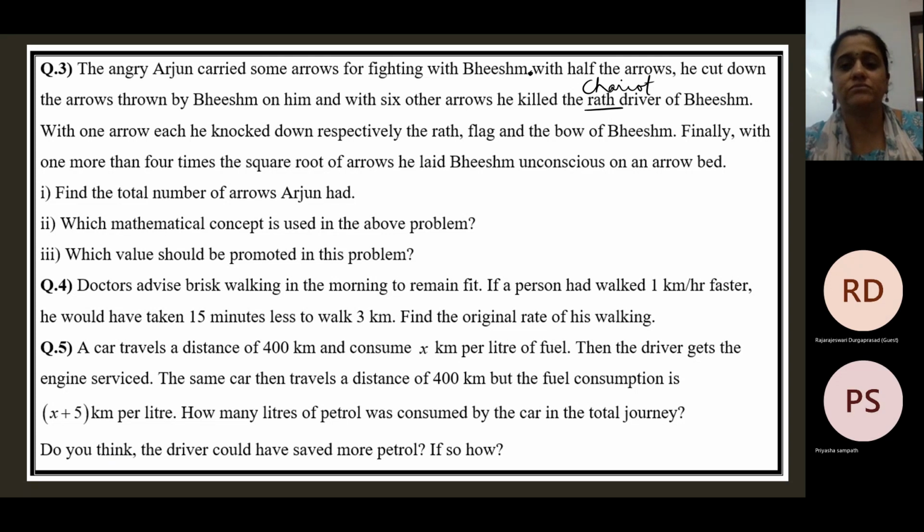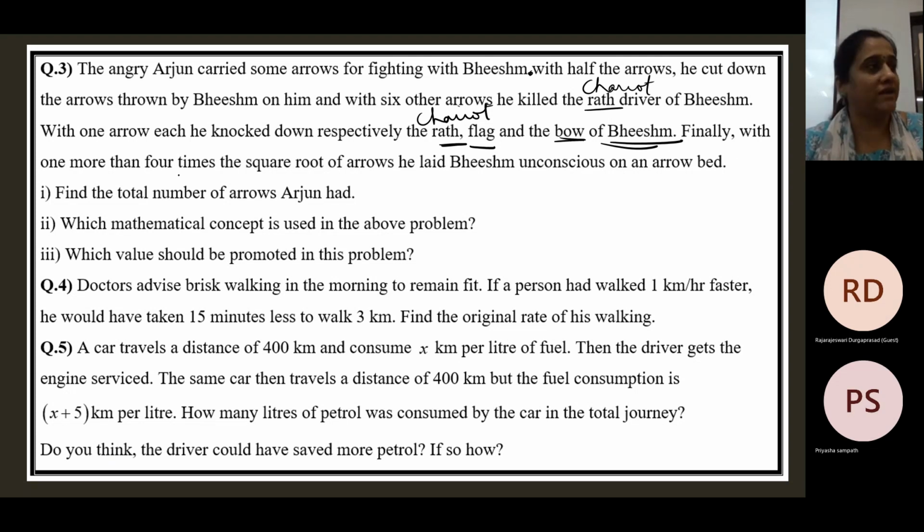Okay. With 1 arrow each, he knocked down respectively the Rath, that is a chariot, the flag, and the bow of Bhishma. The bow itself.